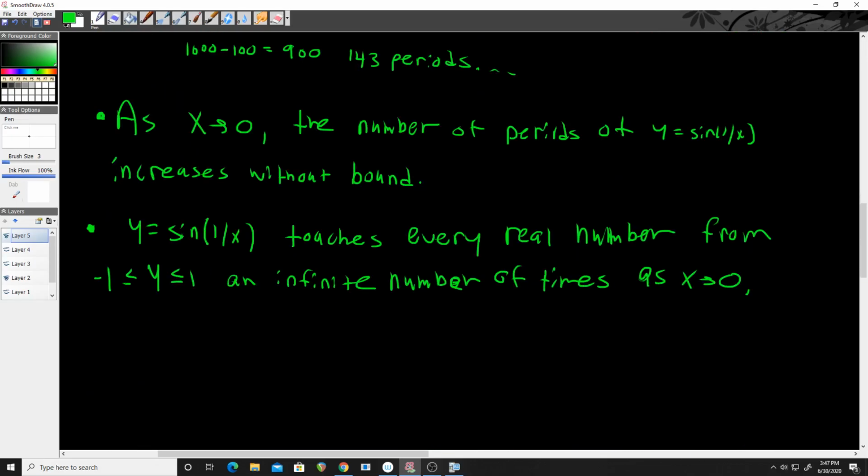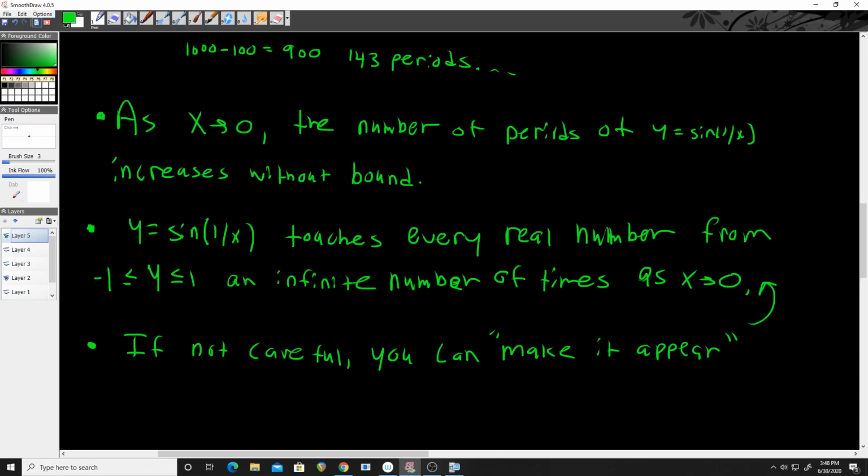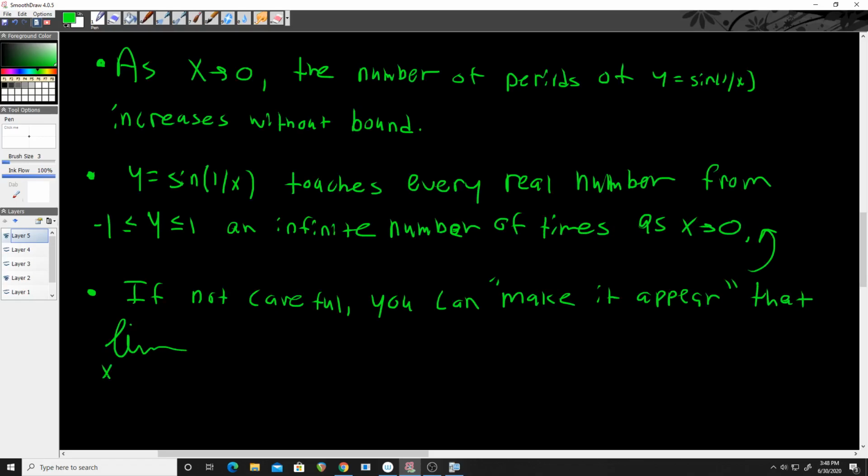And so if you're not careful, this is why you can make it appear that the limit as x approaches 0 of the sine of 1 over x equals r, where r is any number between -1 and 1, because it touches every number an infinite number of times.